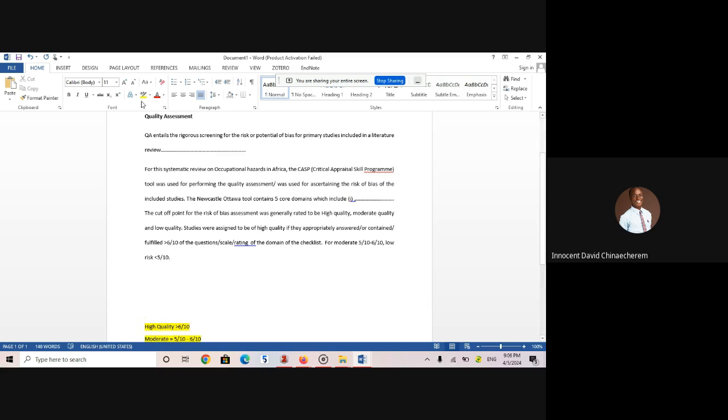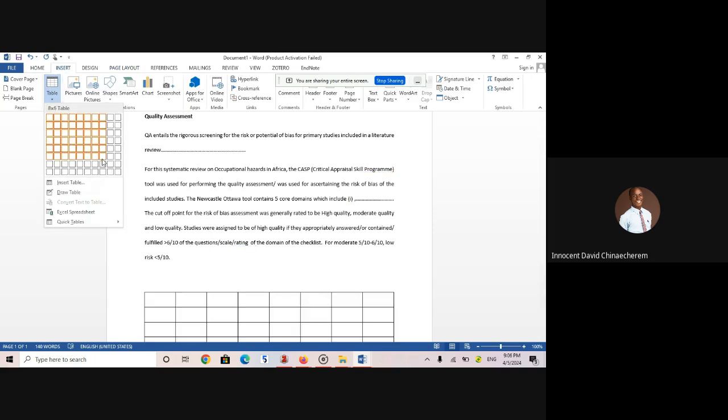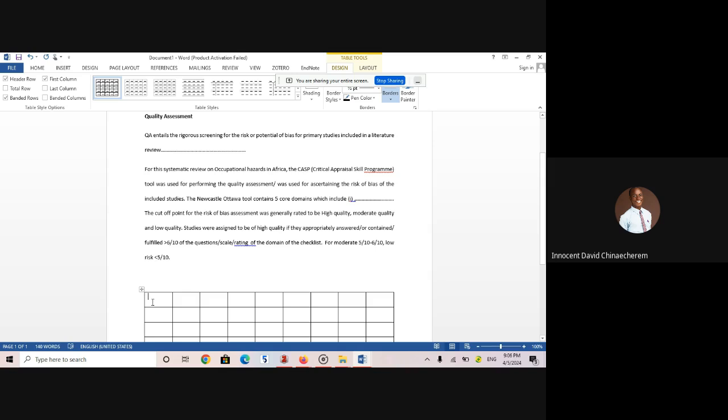So the next thing you do is you project your table. Okay, so I have to now project my table. Here is the study author. What's going to be contained here are those domains. Here will be our comment, and here will be our overall rating.